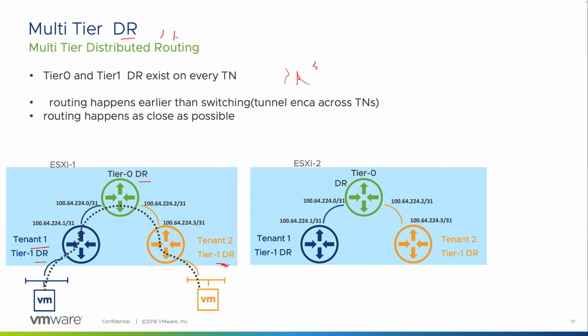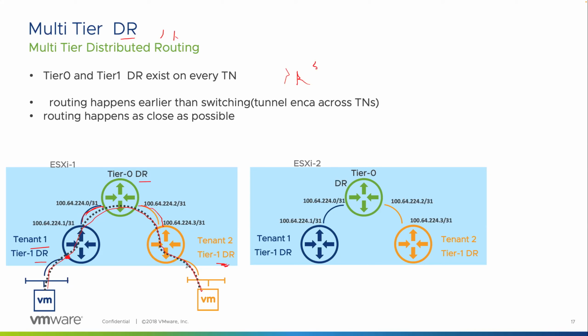Here is the routing path. When the VM sends out the packet, it goes through the tier 1 DR, which is its own default gateway, and then goes through the interconnection between T1 and T0, and T0 routes this packet to another T1, which is the yellow T1.